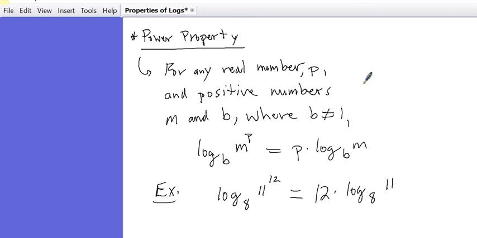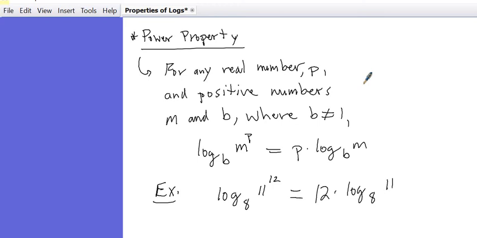Now think about it. 11 to the 12th is really 11 times 11 times 11, 12 times, right? If I were to write that out as a product, I could convert that using the product property, which says we can take a product and write it as sums.